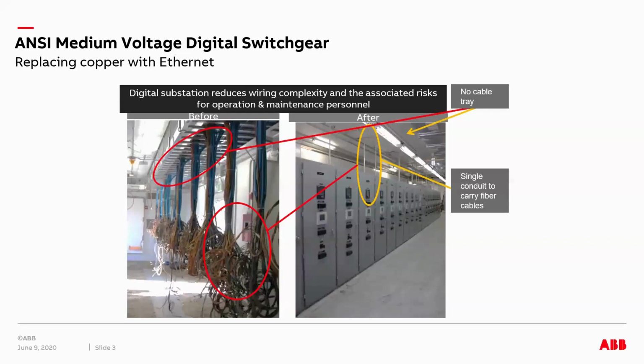One of the common reasons for issues within panels is loose connections between the copper wires. So with many such associated issues, we are trying to make a better, simpler construction and design with digital switchgear, and make it safer and more efficient with respect to operations.